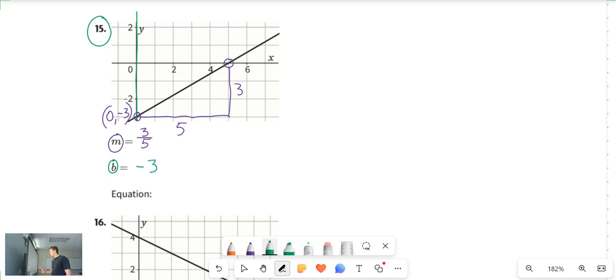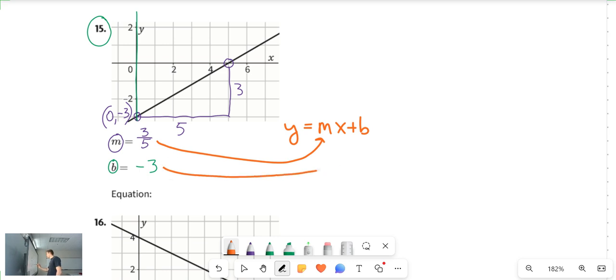So -3. And now finally our equation, remembering again, we're going to use y equals mx plus b form. Our 3/5 is going to go in where m is, and our -3 is going to go where the b is.